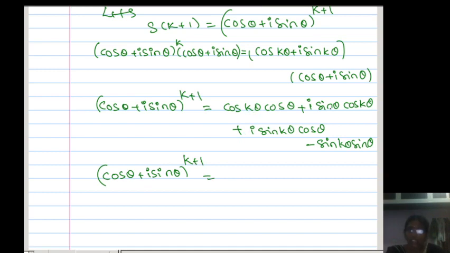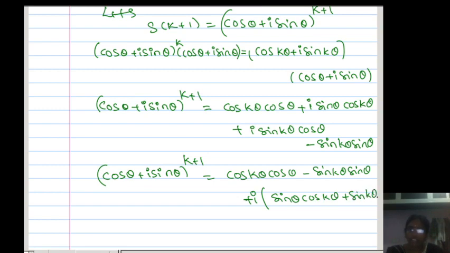Cos k theta cos theta minus sin k theta sin theta, plus i common. If you take i common, what happens? Sin theta cos k theta plus sin k theta cos theta.